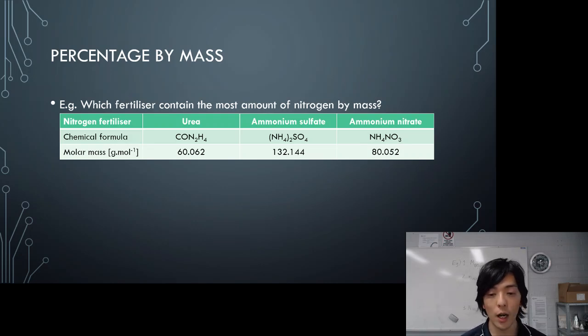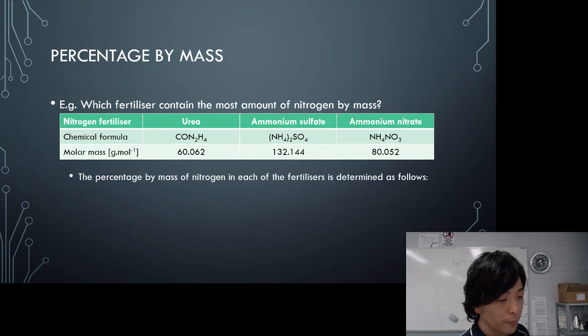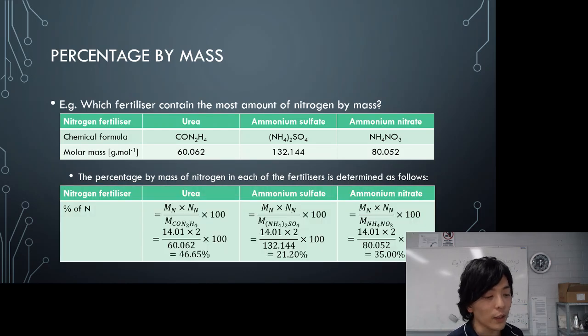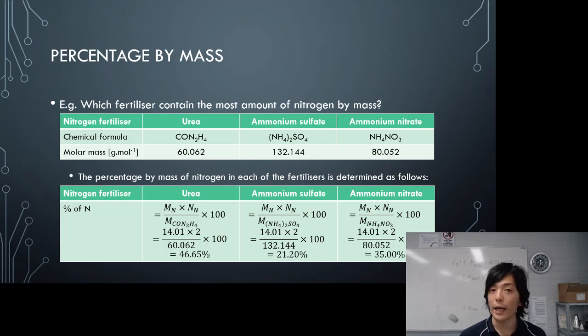Now, from here, I want you to be able to find the percentage of nitrogen by mass. You do that by using the formula that was given to you just then. So the percentage by mass of nitrogen in each of the fertilizers is determined as follows. I'll zoom that in for you there.